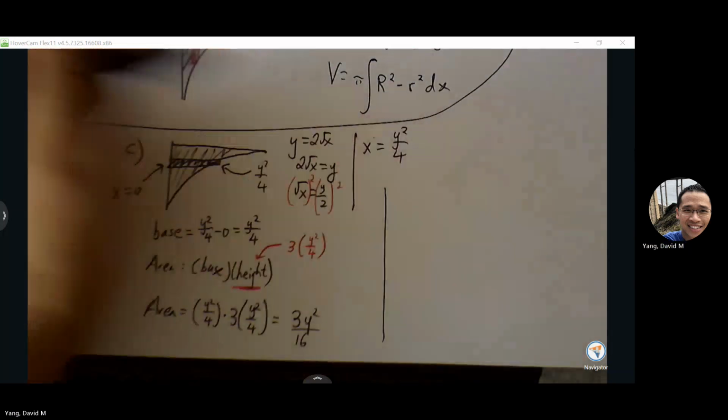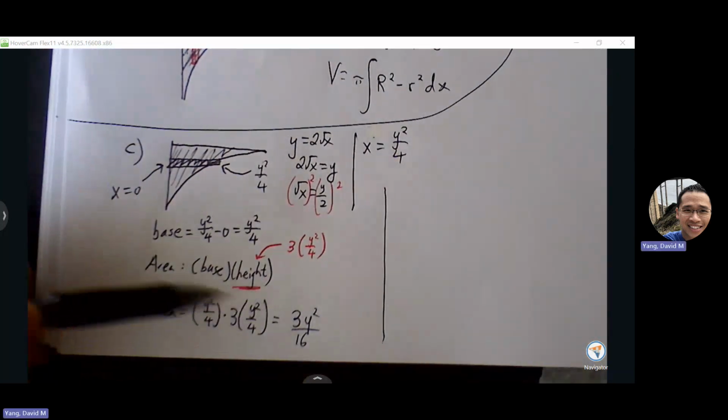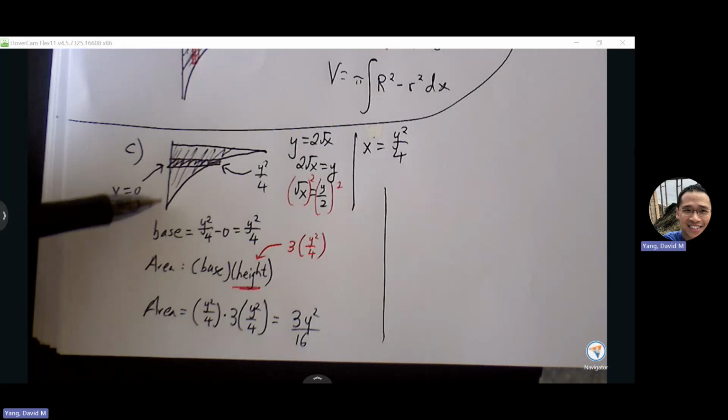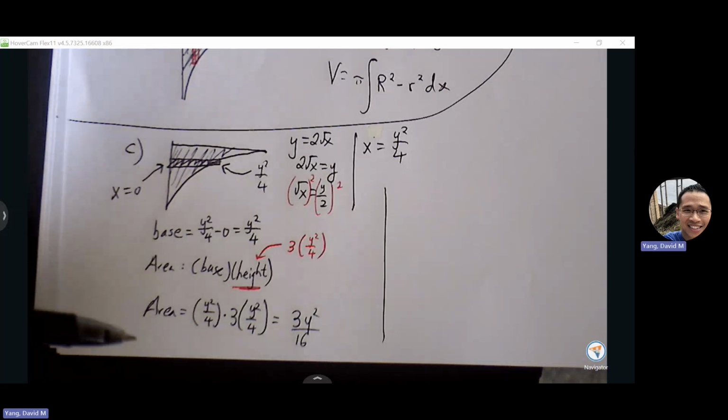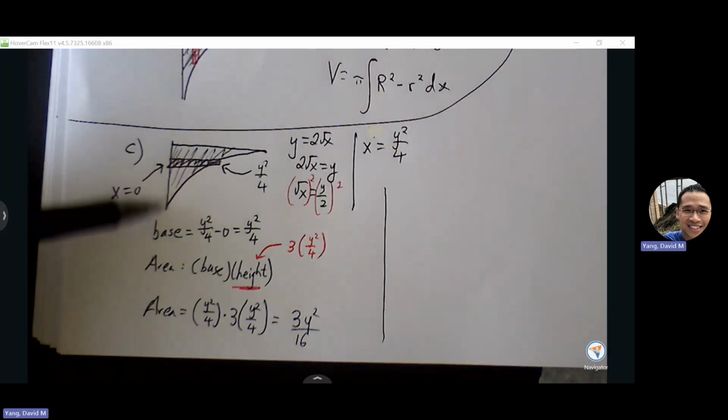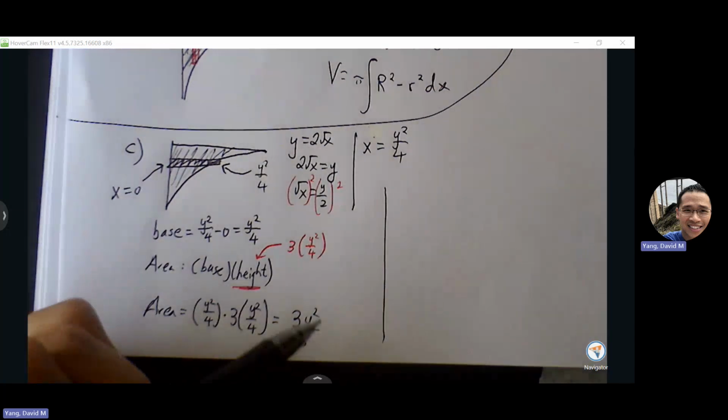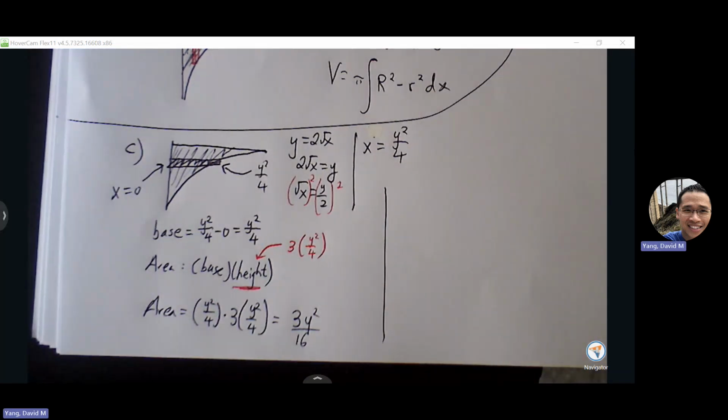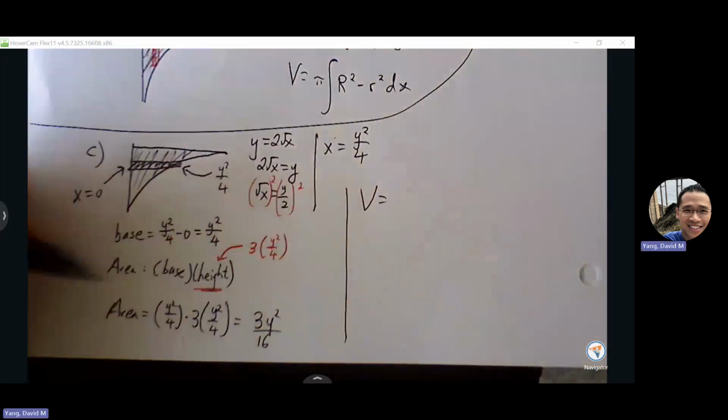Okay. But what are our bounds going to be here? 0 to 6, because y values, right? We want to find the lowest and highest y value. Whatever variable you're working with in your integrand is the variable that you want to apply for your bounds. There's no pi here, right?